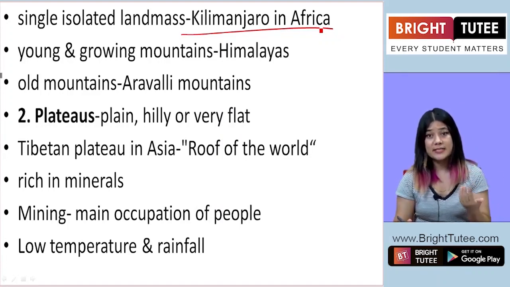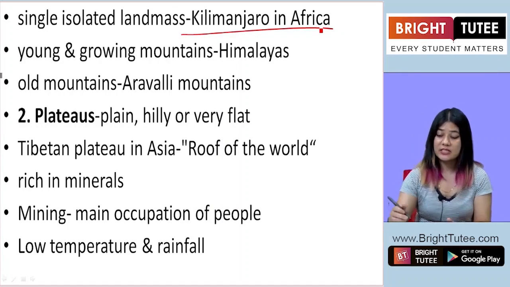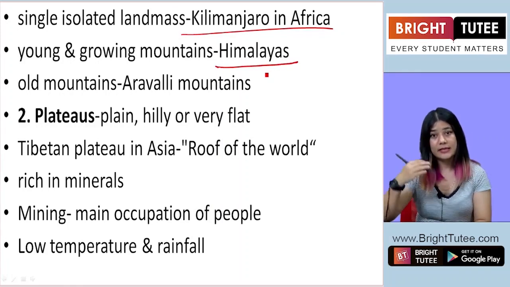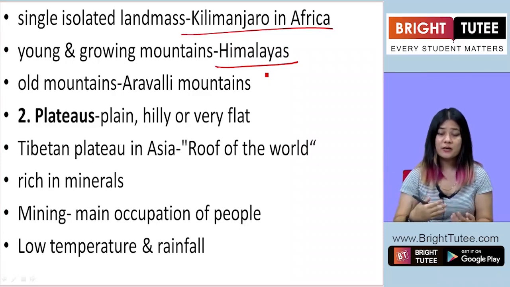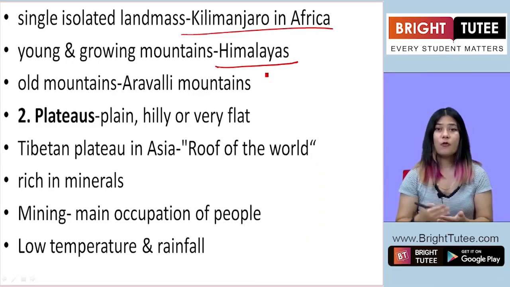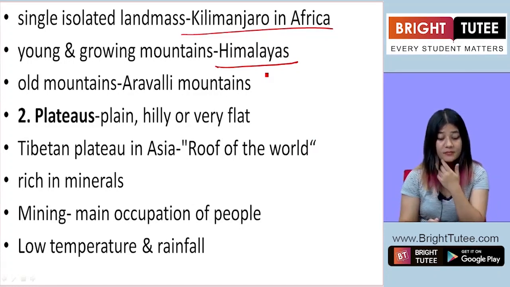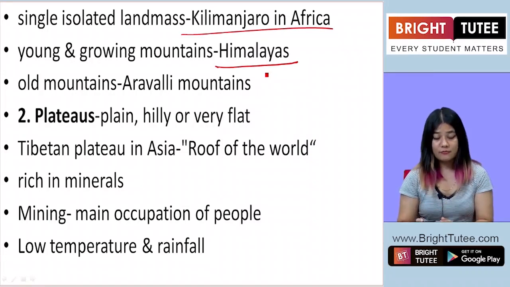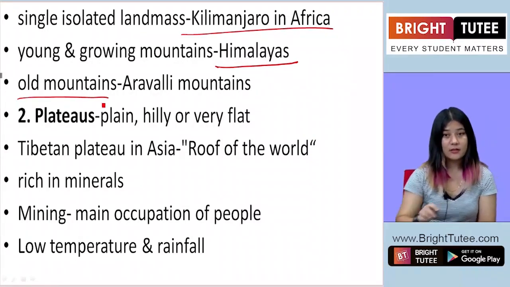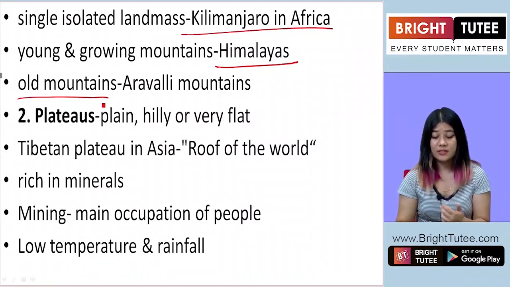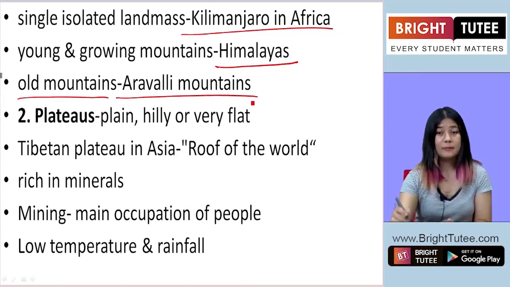A very good example of this kind of mountains is the Himalayas. They keep growing. That's why we hear that the height of Mount Everest is more than what it was maybe 10 years ago. While other mountains are old mountains, and these are the Aravalli mountains.